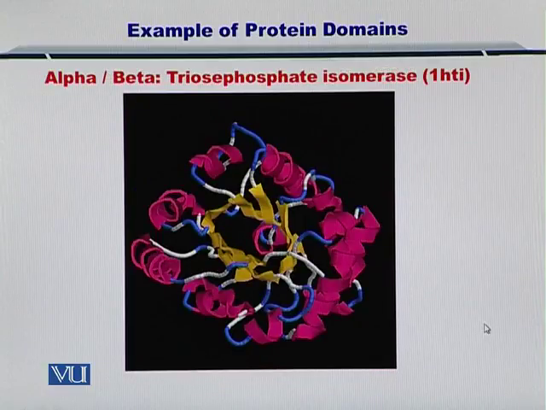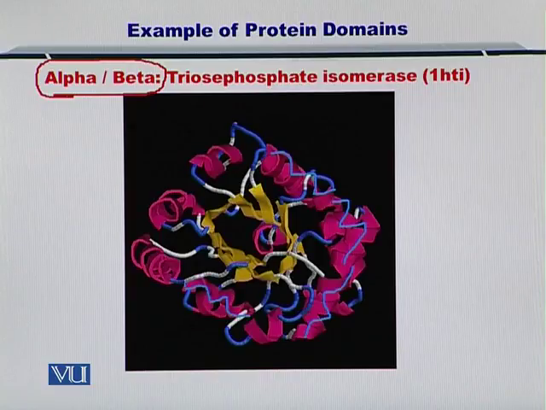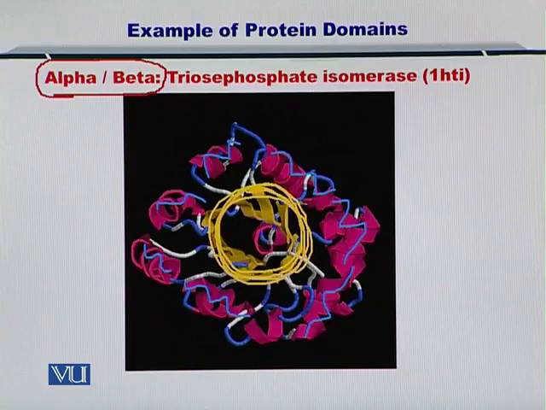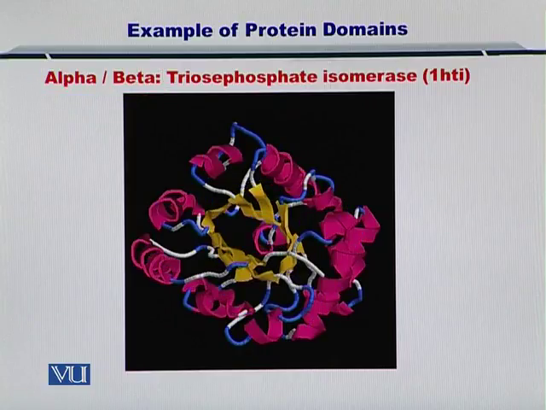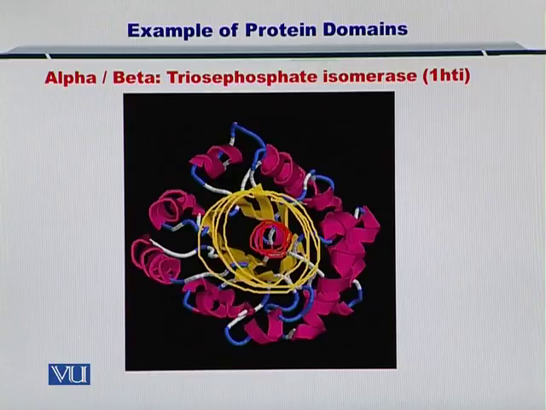Now we will move to a little more complex structure. This is the alpha over beta domain. As you can see, we have some alpha helices that are shown here. And right in the middle, we have some beta sheets. And then at its center is the alpha helix again. So let me clear this diagram for you and indicate the alpha helix at the center, followed by beta sheets surrounding it, and this is followed by alpha helices again.